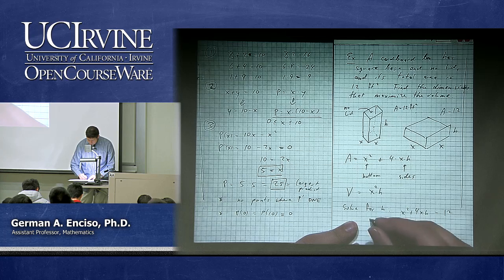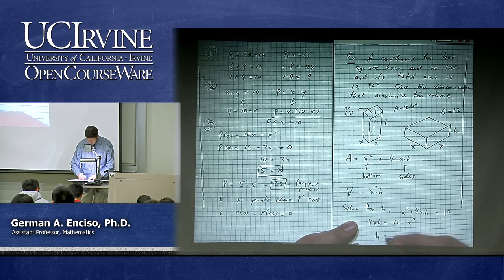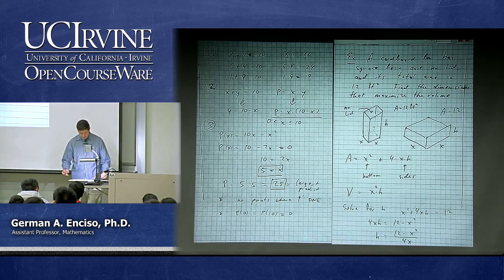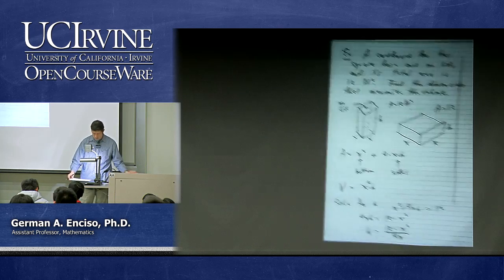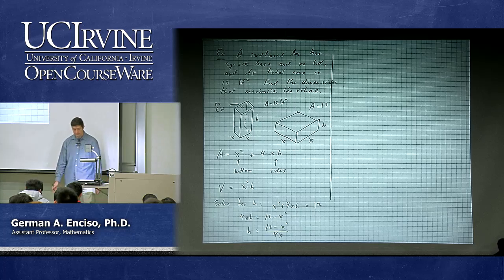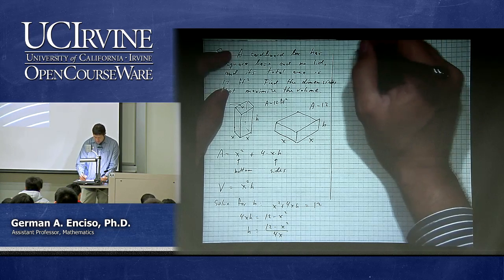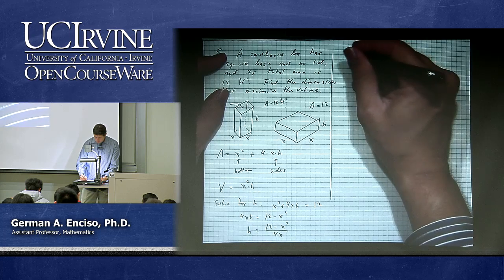So 4xh is equal to 12 minus x squared, or h is equal to (12 minus x squared) divided by 4x.